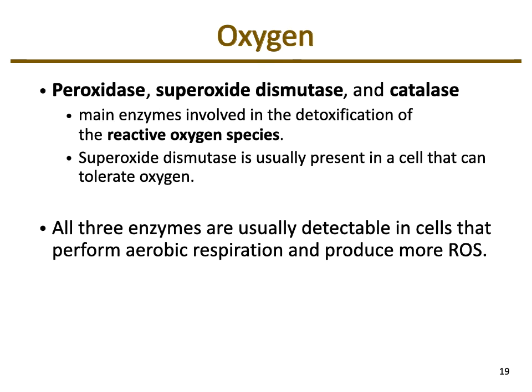There are several enzymes that allow for microbes to deal with oxygen. Peroxidase, superoxide dismutase, or SOD, and catalase are some of the main enzymes that help to detoxify reactive oxygen species. So when you have oxygen present, it ends up breaking down and it forms these reactive oxygen species.